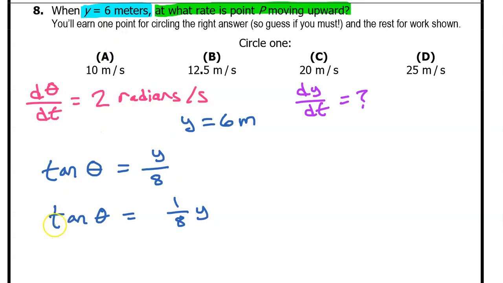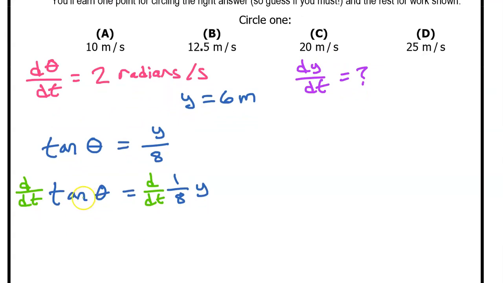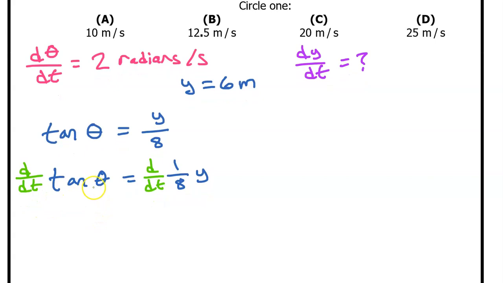Let's go ahead and take the derivative of both sides with respect to t. So I'm doing d/dt on both sides of the equation. This is because somehow I need to get d theta/dt going, and I need to get dy/dt in here.